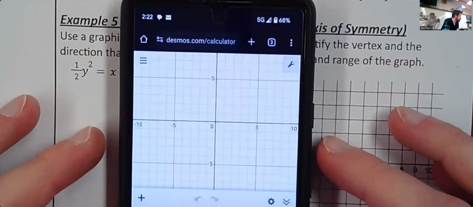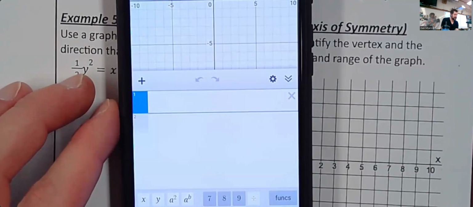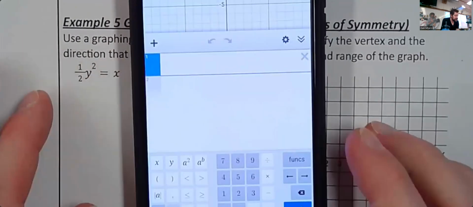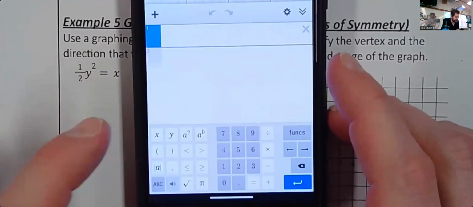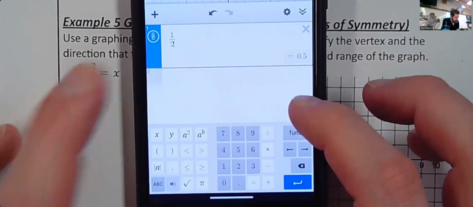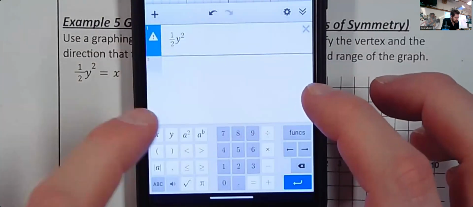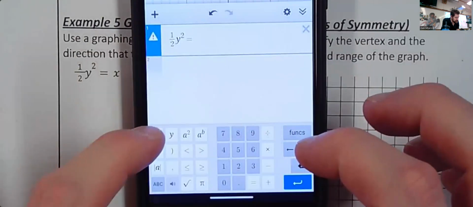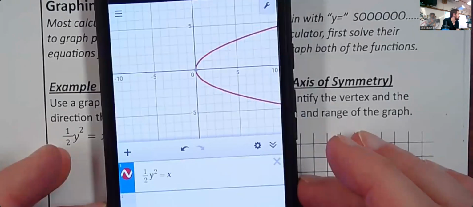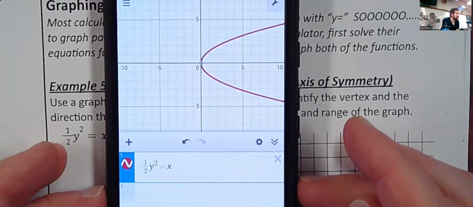It's a really handy thing. If you ever use it on a phone, it's great because it functions almost exactly like these. It's just a little bit harder to type just because the buttons are really small. But if we wanted to, I bet we could go ahead and just put this in. Let's see, 1/2 and then y squared equals x. Yeah, there it is. Look at that.